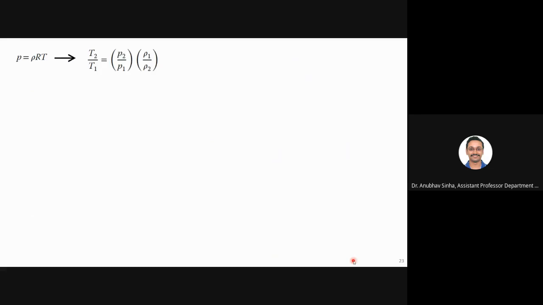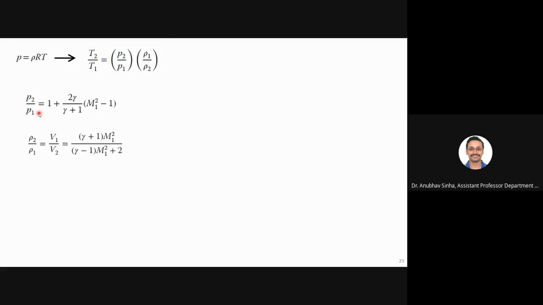Now from that, can I write temperature ratio in this form? So P is equal to rho RT will be holding good for state 1 and state 2. So if we use both of those, R will always be constant. So temperature ratio will be a ratio of pressure and density. Okay. Now this is what we have from the last slide, pressure ratio.